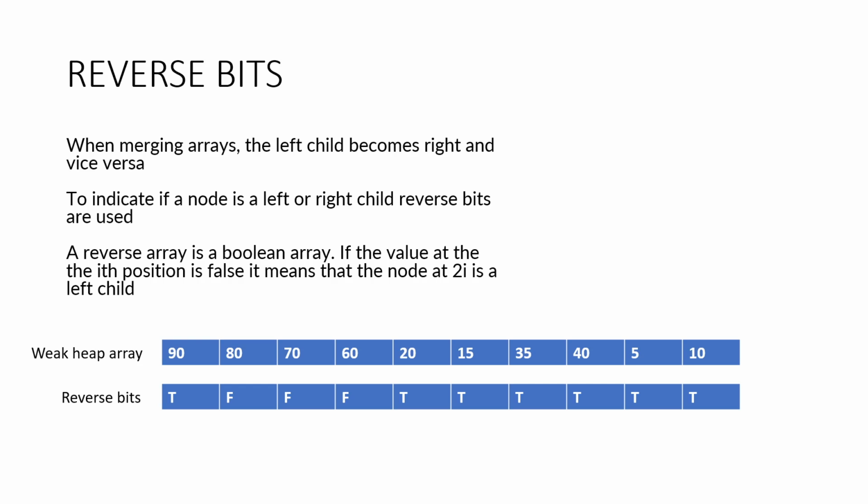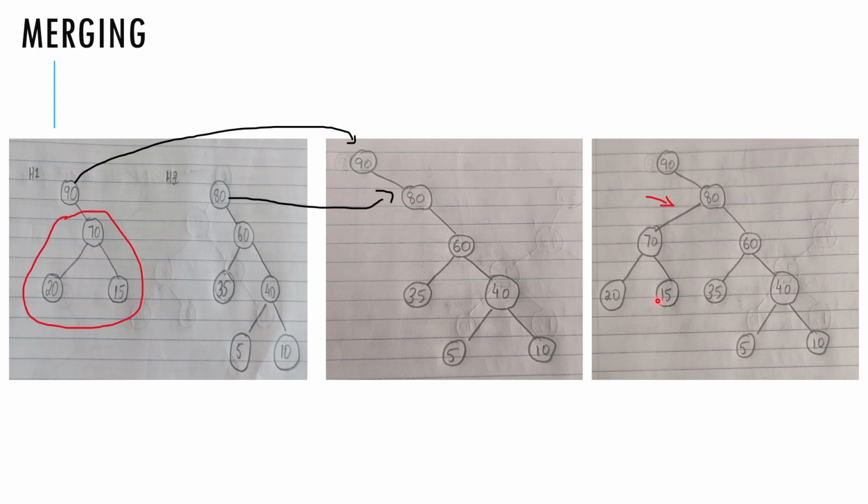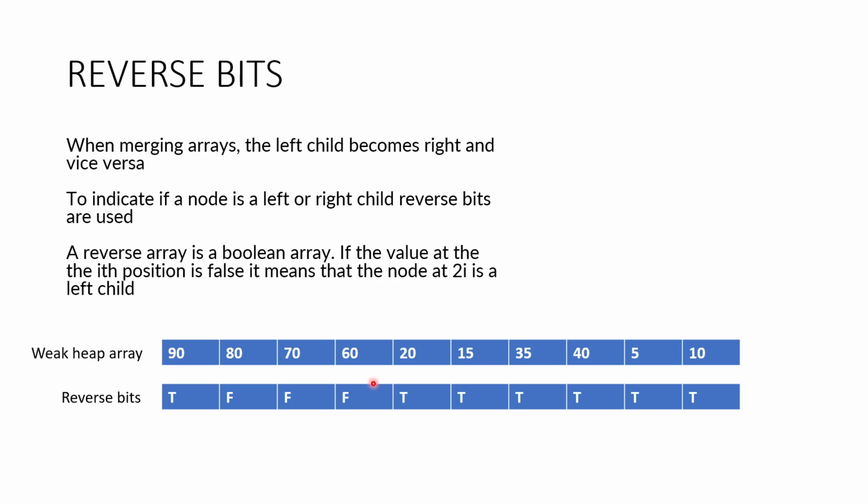So in this case, 2i gives the index 2, which is 70, which you can see here is the left child of the node 80, and so on it goes.